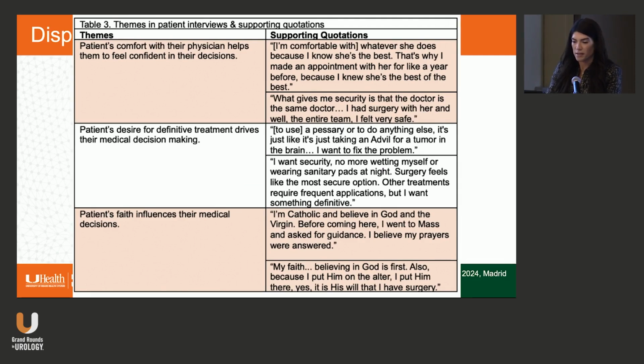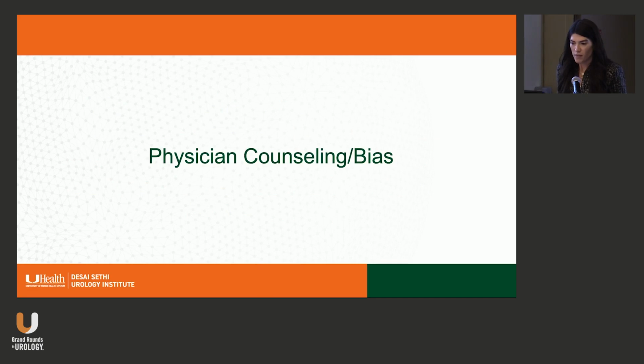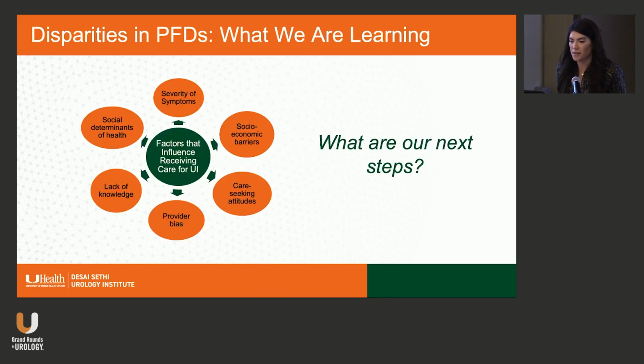Faith really does play a big role among our patient population, and these are just examples of quotes that we had. So minorities feel more confident in their treatment decisions when they feel comfortable with their physicians, and we found that they lean upon the influence of their faith and their community. Physician counseling and bias also plays a big role among this patient population.